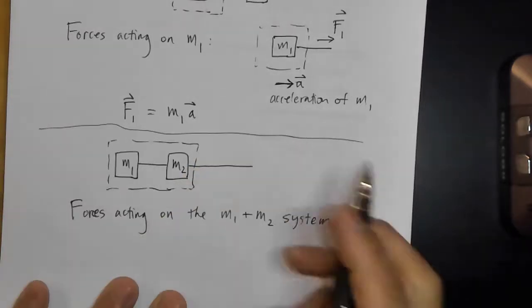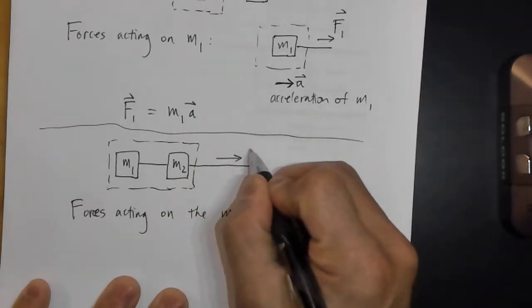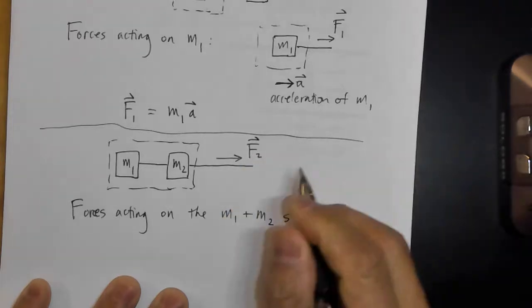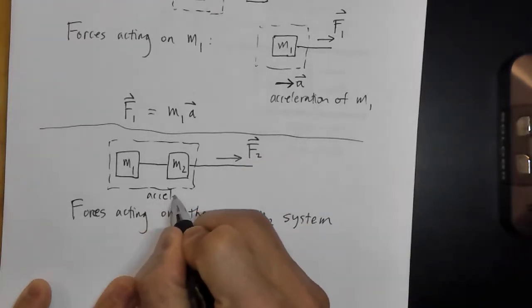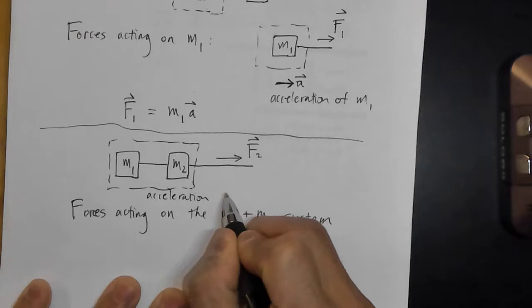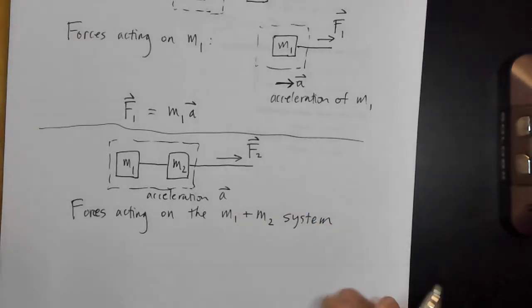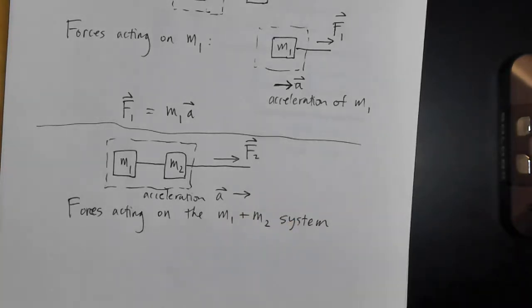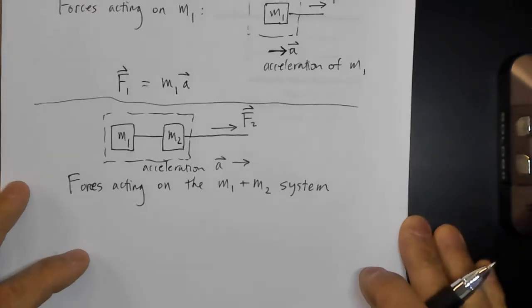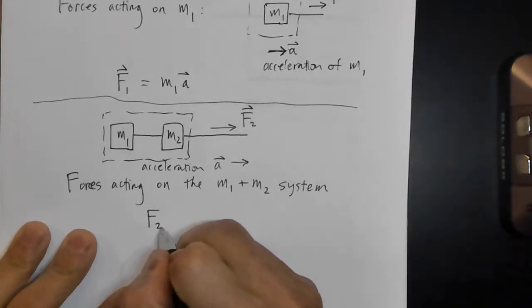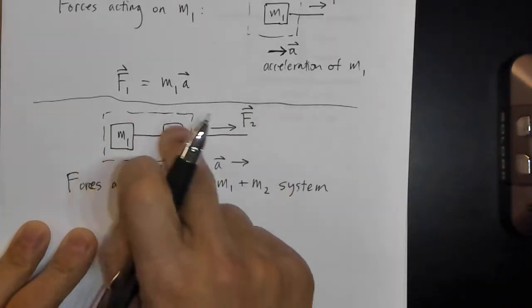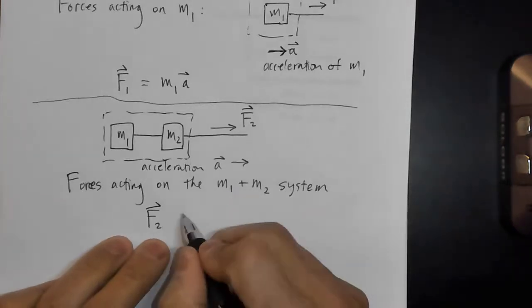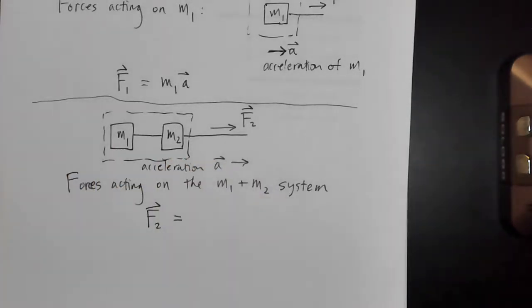So we're looking at just the external forces, things that are external to the system. Let's say there's a force F2 like this, and let's say there's an acceleration of this system, and the acceleration is some vector A. It's going to also go in this direction because of the way Newton's second law works. So in this case, F2, the sum of all the forces on this M1 plus M2 system, is equal to, now what mass would I use for this case?